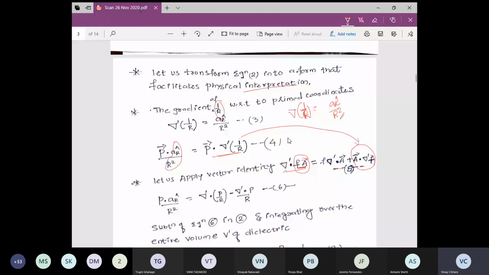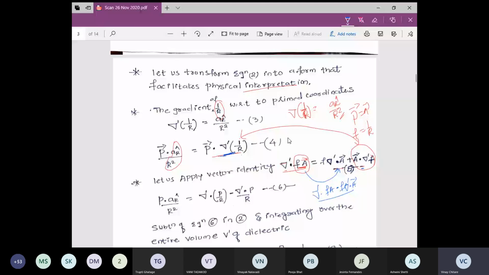So P is like A and f is like 1 by R. I have just recalled a vector identity, and in it the last term on the right hand side is the same as the term we have here. So this term I can write as del prime f A minus f del prime A.